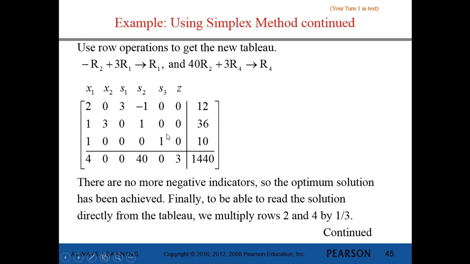Now here it says we have a slack variable. Now to be able to read the solution directly from the tableau, remember how we do that. So we multiply rows 2 and 4 by a third. Rows 2 and 4 by 1/3.